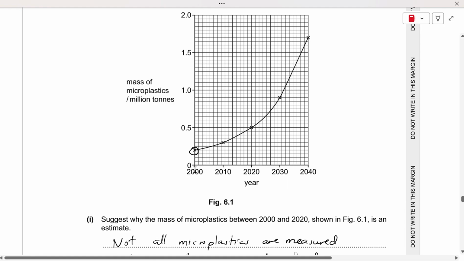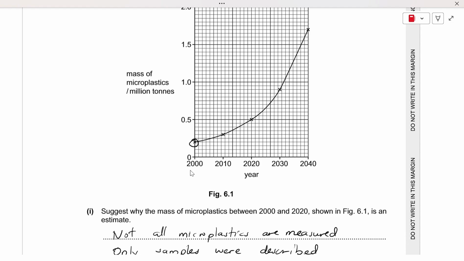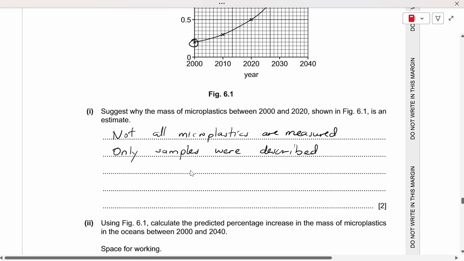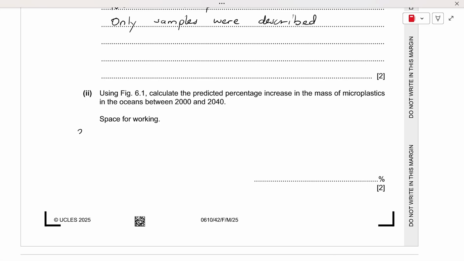If this is 0 and this is 0.5, then we can assume the marks here are 0.1, 0.2, 0.3, 0.4, 0.5. All right. So from the scale, in the year 2000, it has to be 0.2 million tons. So in the year 2000, the reading was 0.2 million tons.